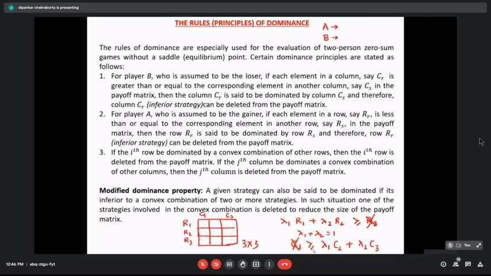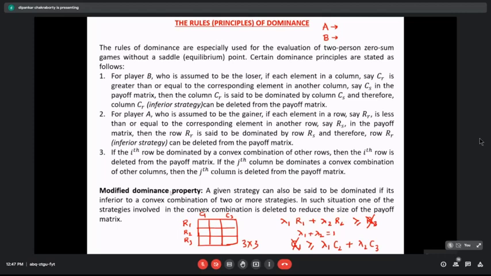Now, another thing is there, which is called the modified dominance principle, and we are going to use this property when rule 3 is not applying anywhere. If it is not possible to apply rule 3 anywhere, then we apply this modified dominance property.